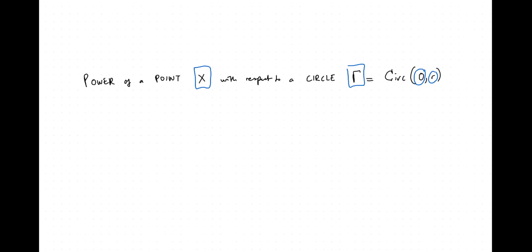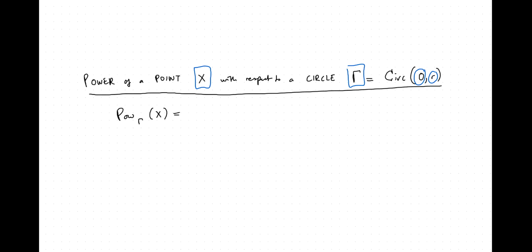But we are trying to understand the geometry here, of course, with pictures. So radius is a positive real value for us, and O is a point. And we have the circle gamma defined by this. What's the definition of power? Power with respect to the circle gamma of point x, by definition, is xo squared minus r squared.